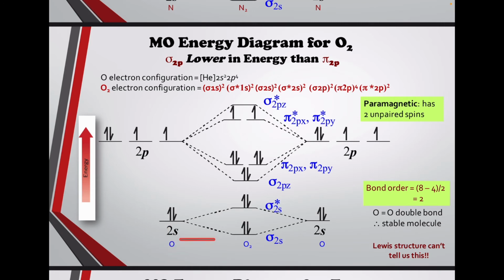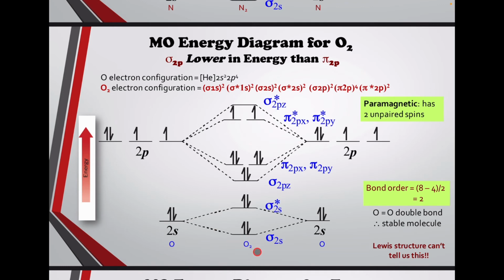So oxygen plus oxygen become O2. So 2s2 and 2p4 follow the electron configuration of oxygen, same with this atomic orbital of oxygen.